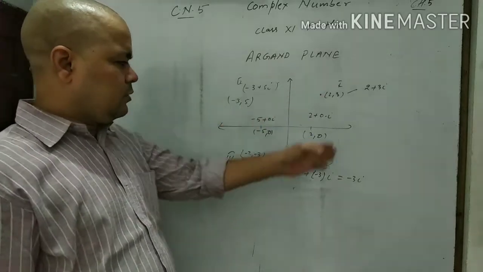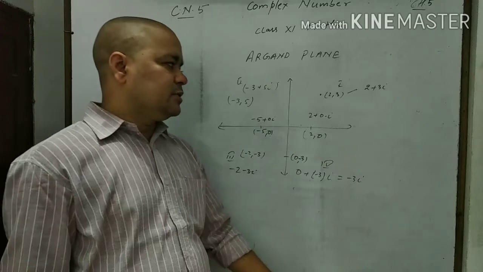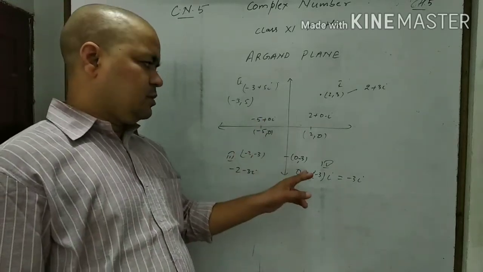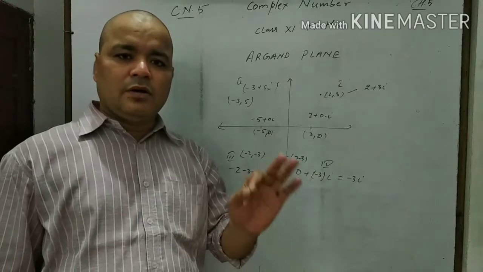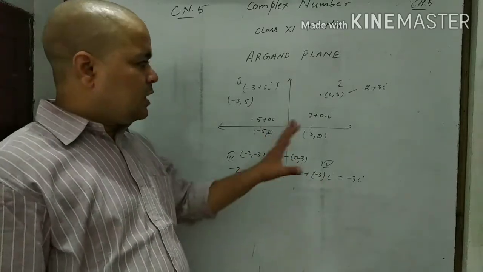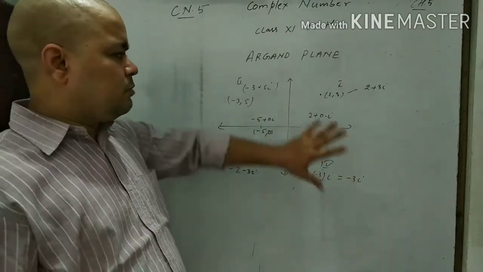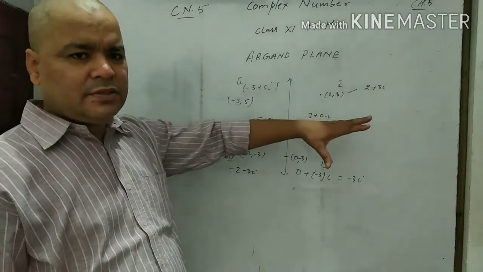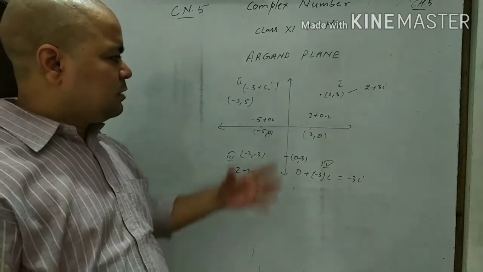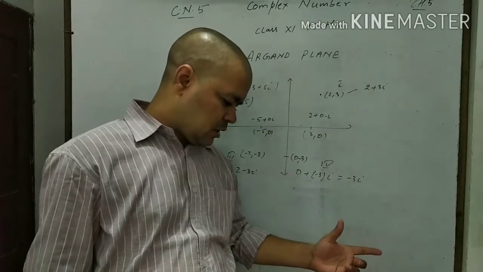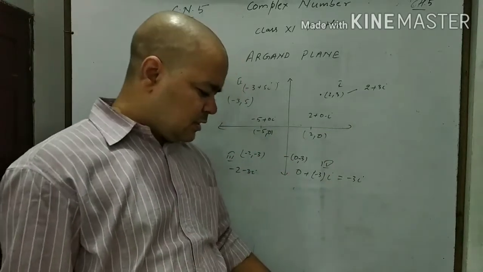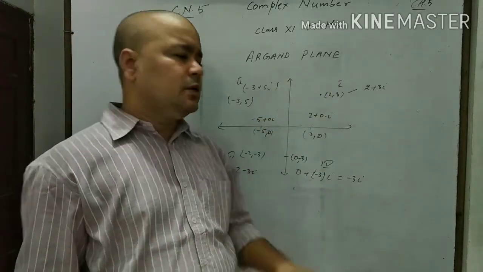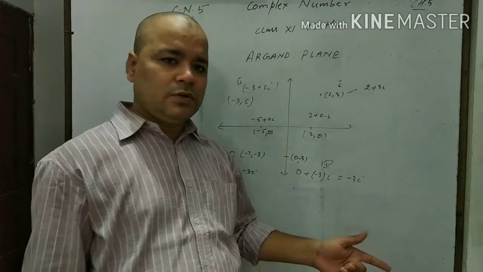In this way we can represent it. It means for each point we have a complex number, and for each complex number we have a point in this plane. And according to the definition, the coordinate plane that represents the complex numbers is called the Argand plane or complex plane.